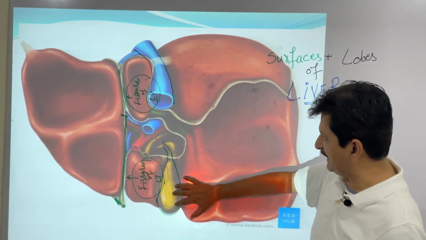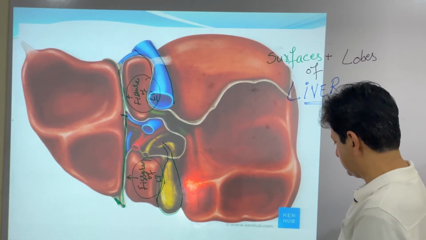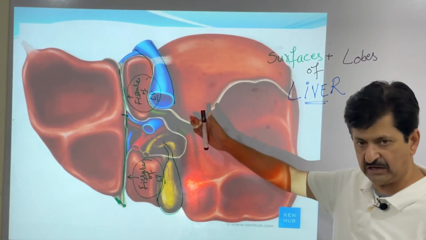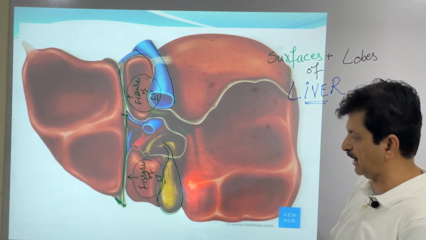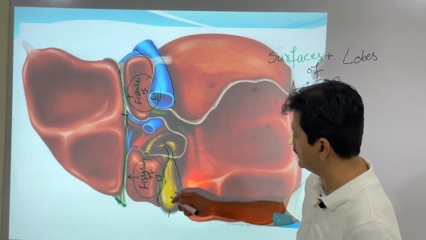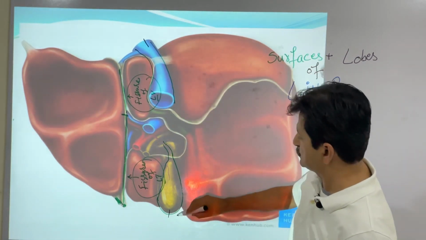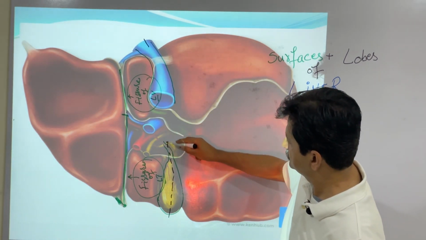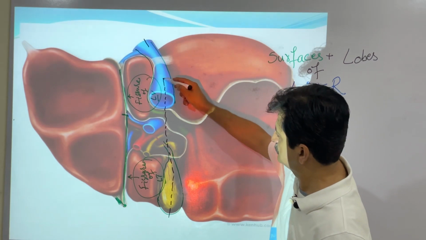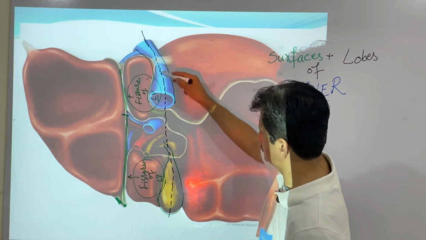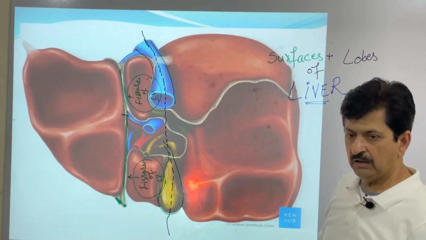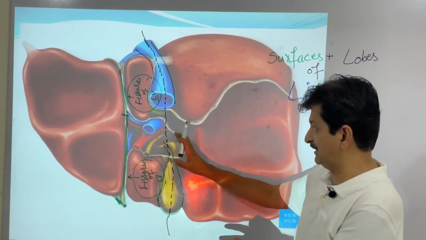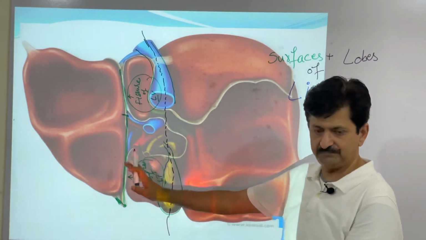And when I draw here an imaginary line, that will pass through the middle of your inferior vena cava and also the middle of the fundus of the gallbladder, means if the mark is here and the mark is here, when I join these two points by a broken line, one piece of the right lobe will be separated from the rest of the right.